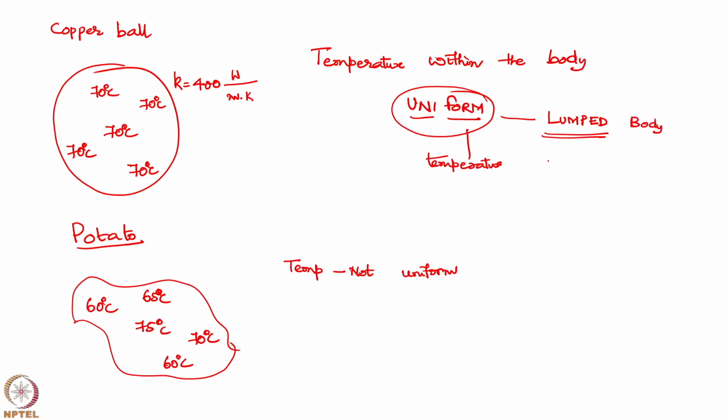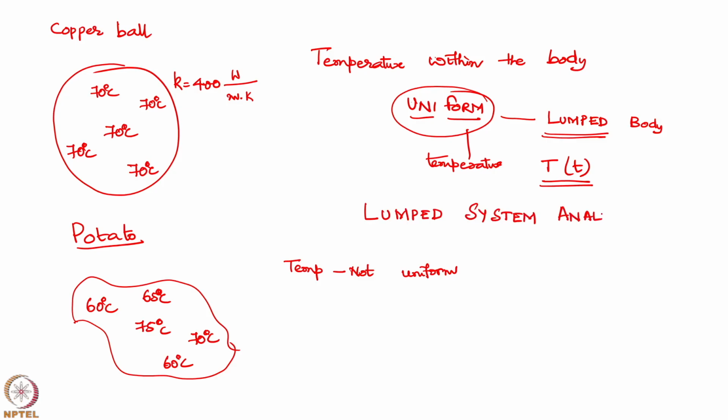That means temperature is only a function of time but not space. So it is uniform with space. So that's the lumped body definition. So we are going to take up next what is called lumped system analysis.